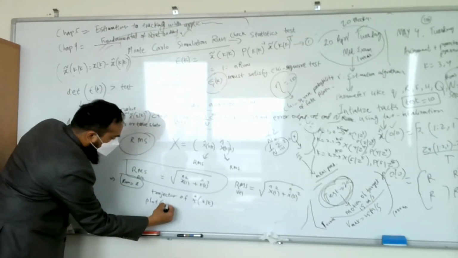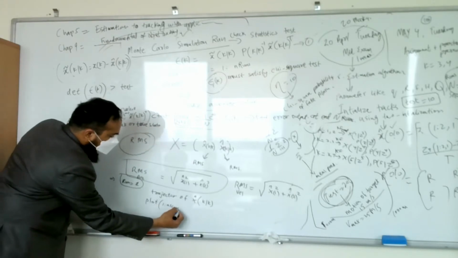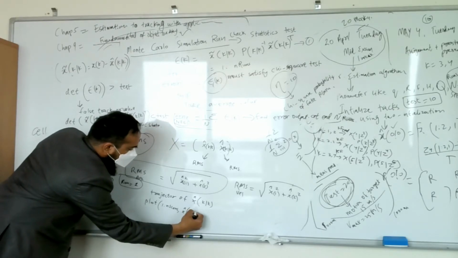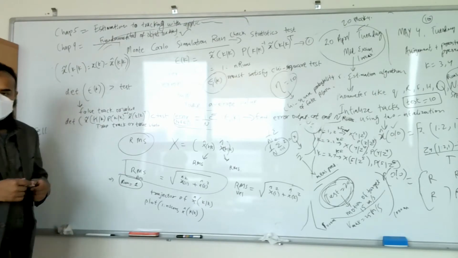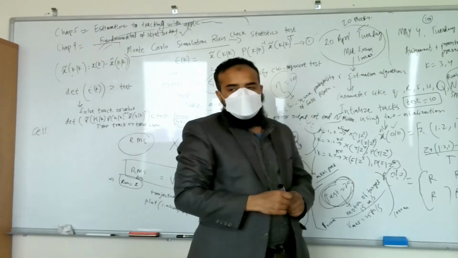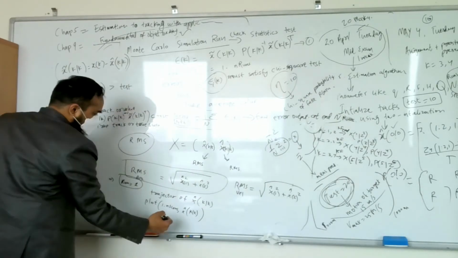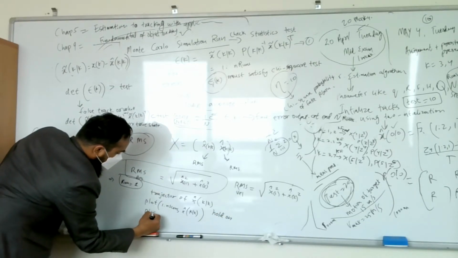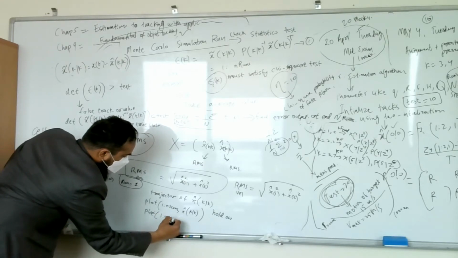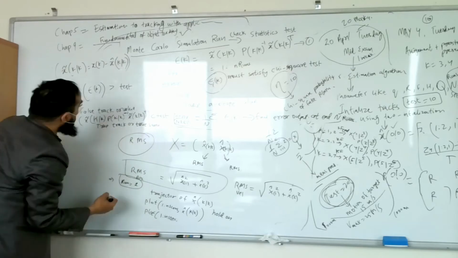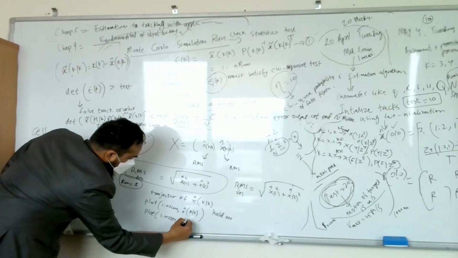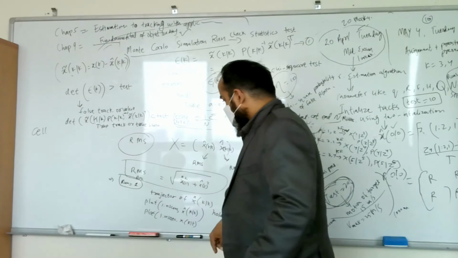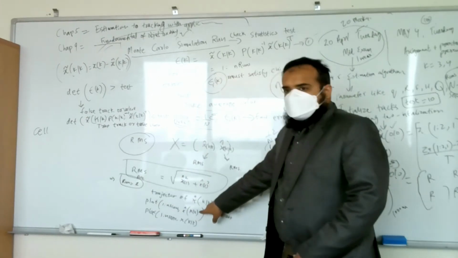Here, number of scans and x value, and also you can use hold on and plot the true value x of k, to see the comparison between the true trajectory and the estimated trajectory.